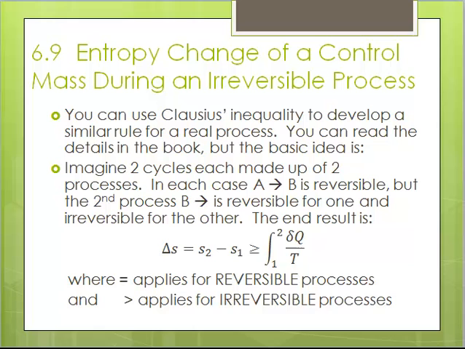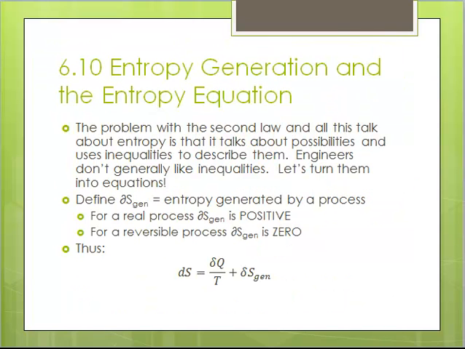Now, this is how you would calculate delta S, right? But it's got an inequality. I think engineers find that to be disturbing. So what we do is we get rid of the inequality by adding something positive to bring them up to equal. And the amount of that something positive will vary depending on how irreversible the process is.